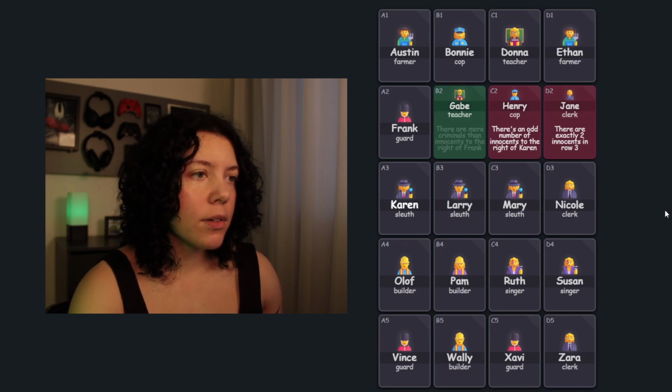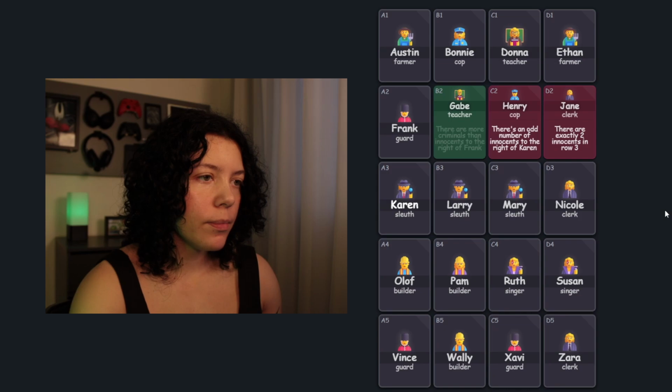Now, Henry tells us there's an odd number of innocents to the right of Karen. Okay, so there's either 1 or 3 innocents to the right of Karen. We don't know how many yet. And Jane tells us there are exactly 2 innocents in row 3.